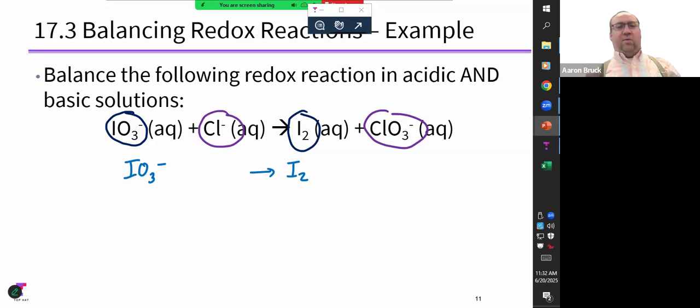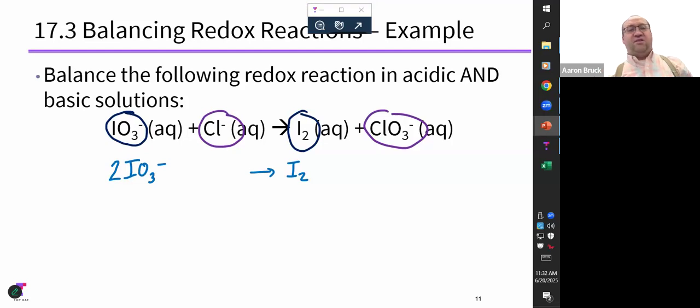What do we do? Well, first, I would need to balance everything that's not hydrogen or oxygen. I can see that I have two iodines here, but only one here. So I'm going to need two iodates to give me the two iodines that I need. That was step one. Step two is to balance the oxygens.